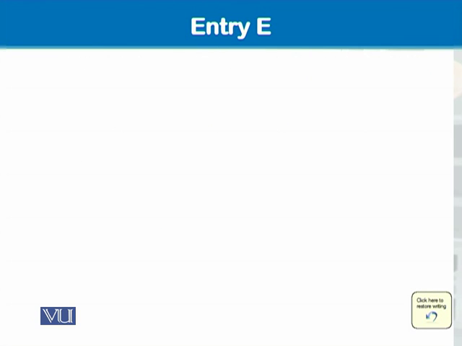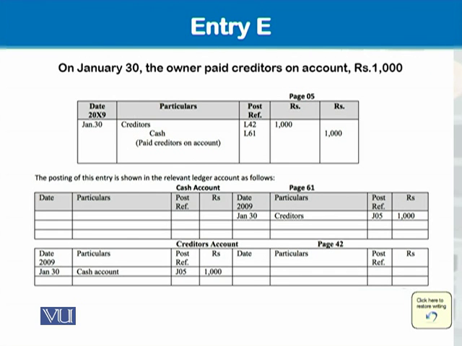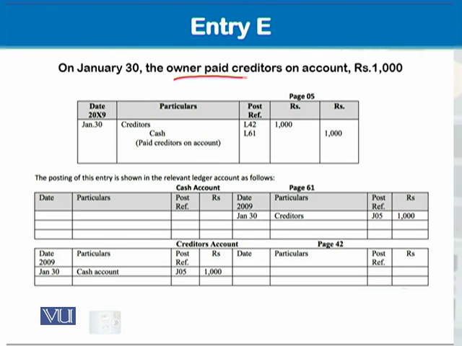Okay, very well. So now do it yourself without arrow keys. It is that on 30th January, the owner paid creditors on account 1,000, obviously from the office cash. So creditors liability is decreasing, debit, and cash asset is decreasing, credit, with 1,000.